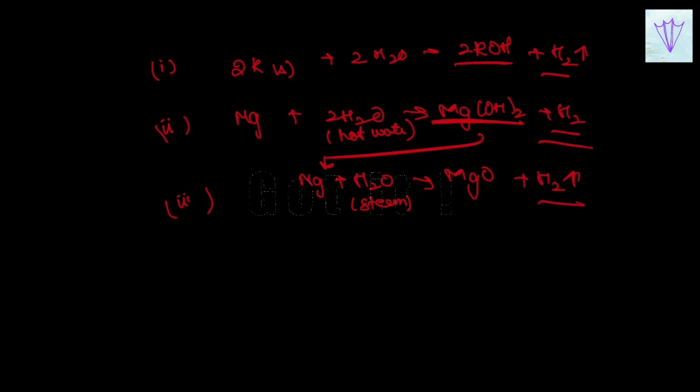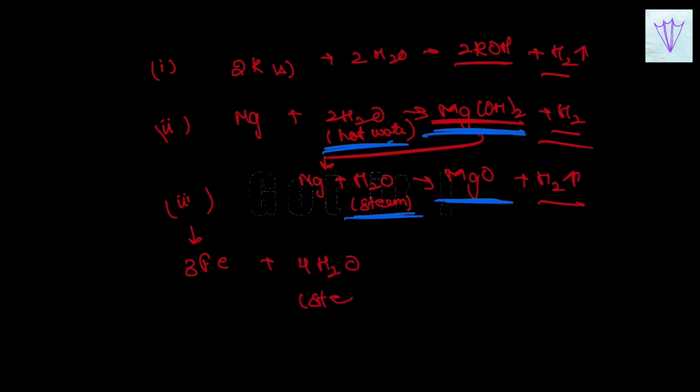So hydrogen is common, but if we provide hot water, we find formation of hydroxide, while if we give steam, we find the product as oxide. Next, we'll read the reaction with iron: 3Fe plus 4H2O, provided as steam, will give Fe3O4, which is iron oxide, plus H2 gas evolved.